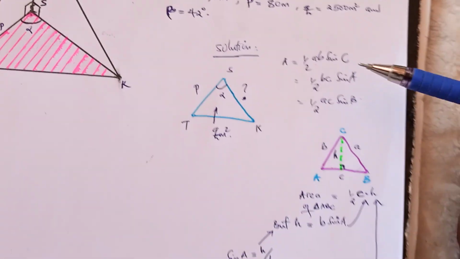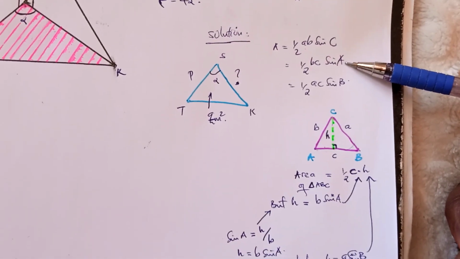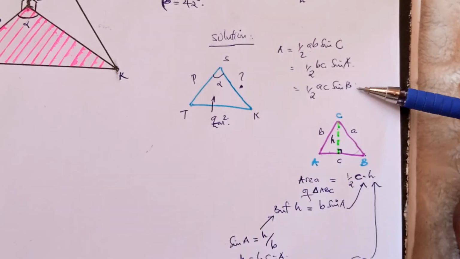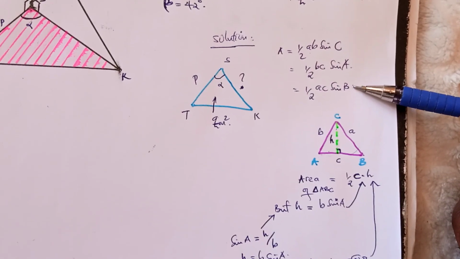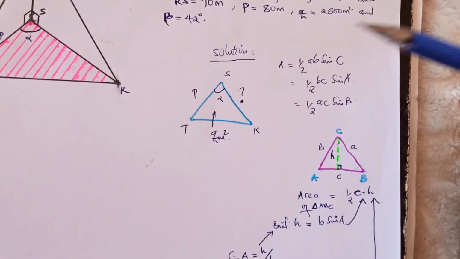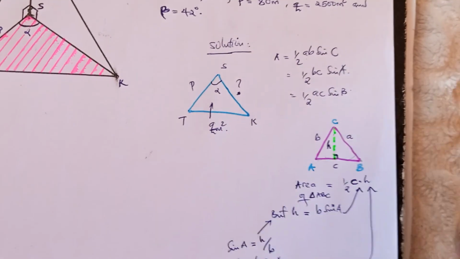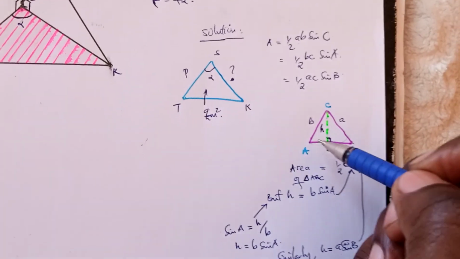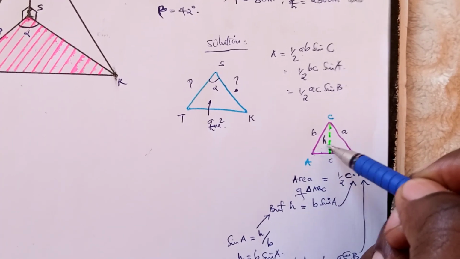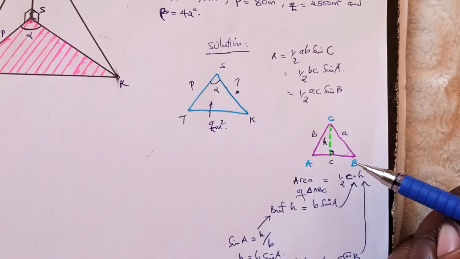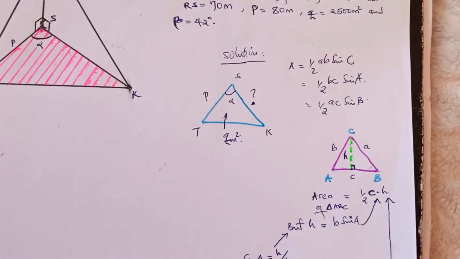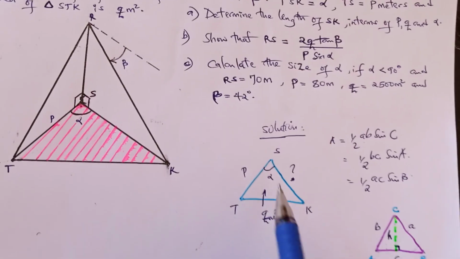Now I've shown you for this, BC sine A and AC sine B. If you want to get this one, now we have to alter the triangle and draw a perpendicular from A coming here. Okay, so we're going to use that.